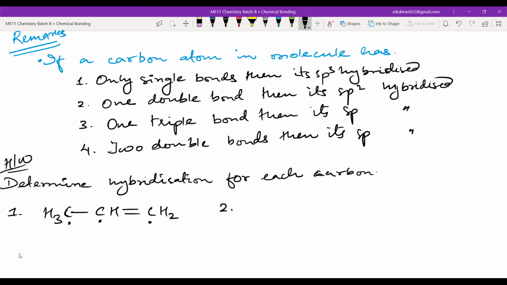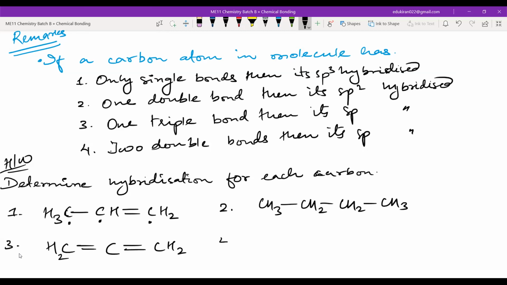Okay. Second, write CH3, CH2, CH2, CH3. Third question, right? C double bond C, double bond CH2. And the fourth one you can write CH triple bond C, carbon single bond CH3.